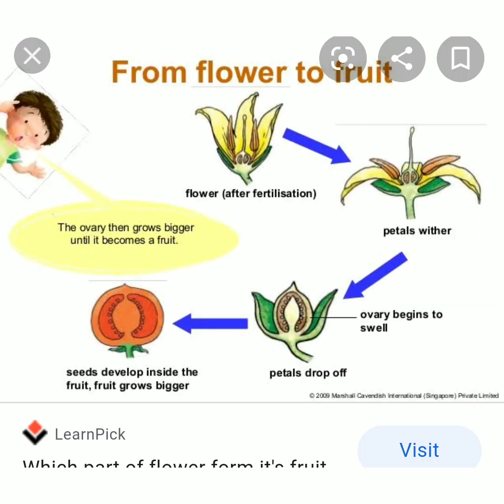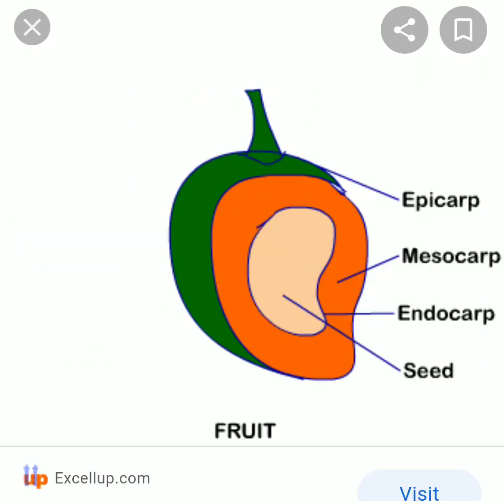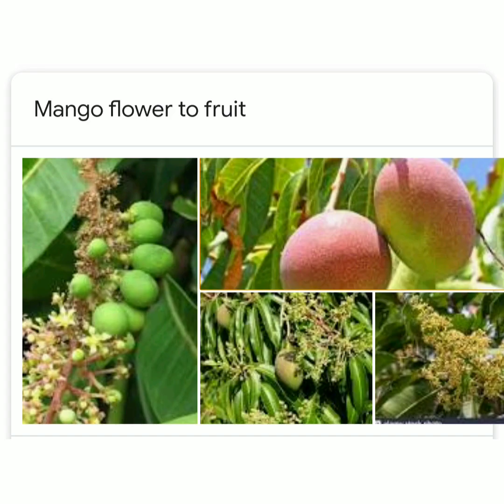So we studied that fruits develop from flowers. In fruit formation, the ovary develops into a fruit and the ovules become the seeds. Let's consider the mango fruit. Mango flowers are seen as groups, otherwise called an inflorescence.